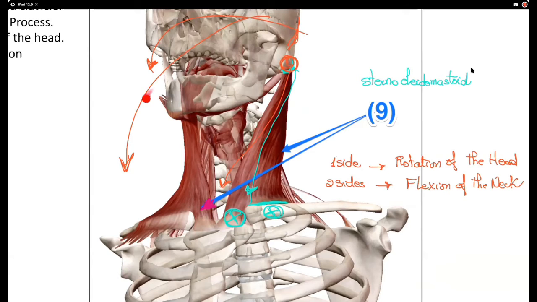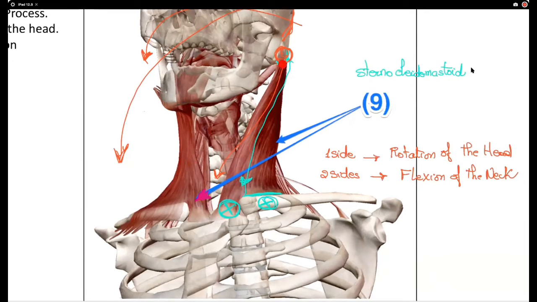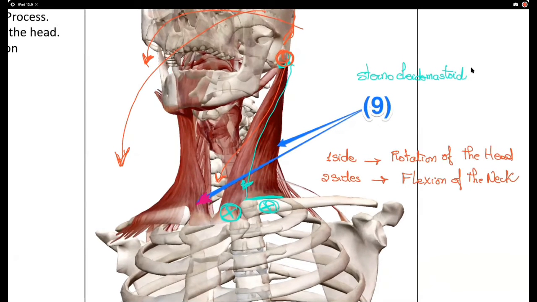So the head itself is going to be rotating. If I am contracting the two sides simultaneously, I'm pulling both mastoid processes downwards towards my chest. So it allows flexion of the neck. What do we call this muscle that gets its origin from sternum, clavicle, and gets inserted in the mastoid process? We call it the sternocleidomastoid.